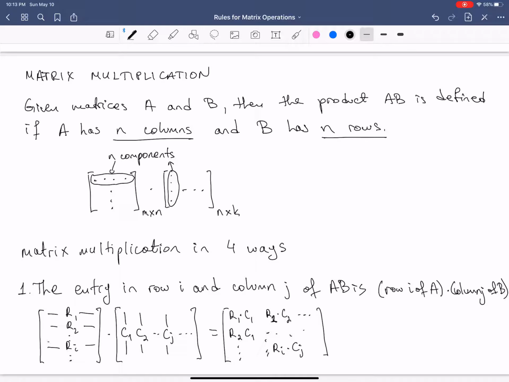So this row and that column would give us the component in the product that comes from the ith row and the jth column. So I could say the component ij of the matrix AB is Ri dotted with Cj.